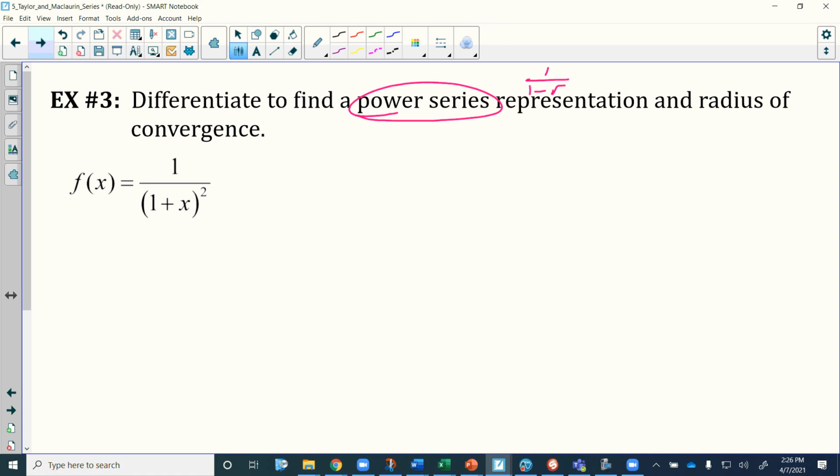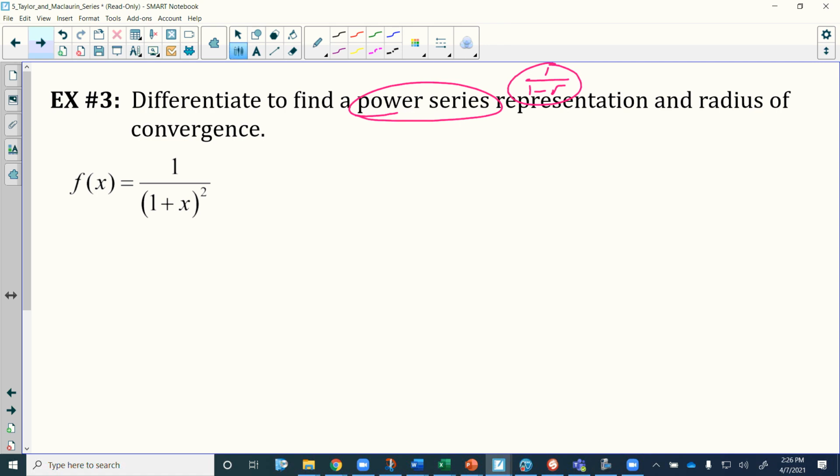And that's essentially what we're talking about here. The power series, we want it to look like this in some way. And the way that I'm going to take my approach to this problem, 1 over (1 plus x) quantity squared, it's not the same thing as that last example was. What it's asking us to do now is to create a power series in that fashion.